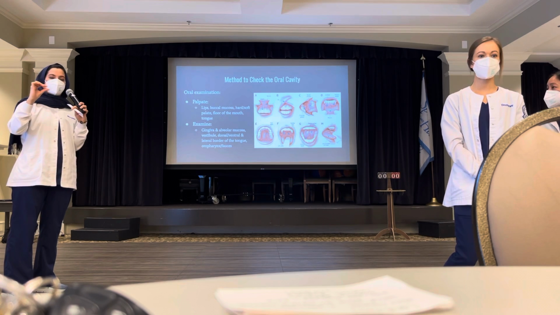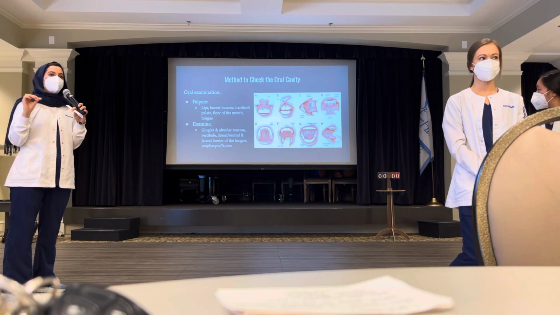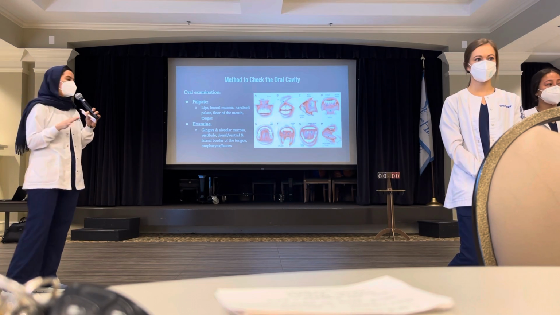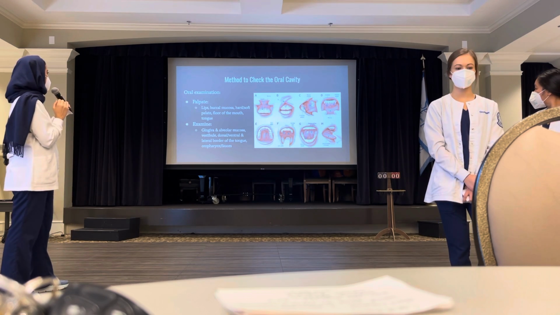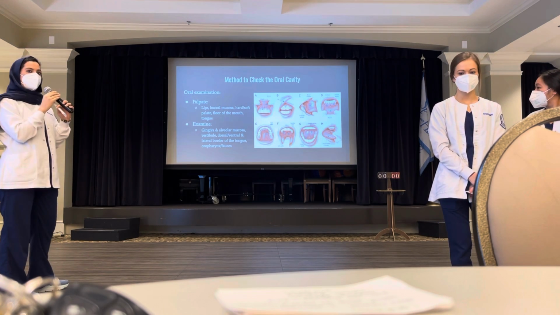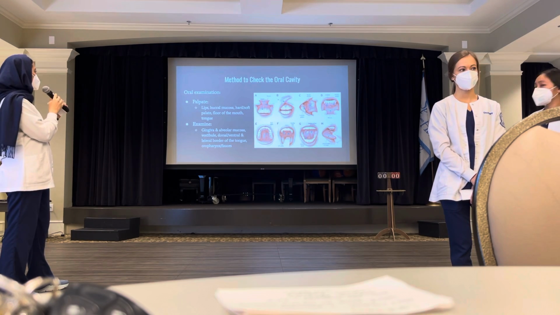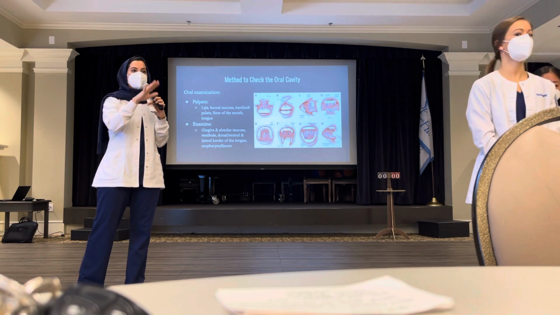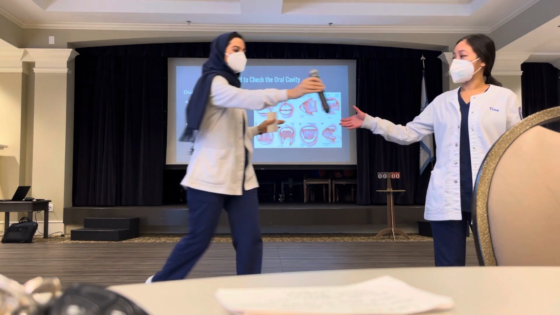We take the tongue in our fingers, of course we're wearing gloves, and then palpate it to see if there is any abnormality, if there is anything that we should be concerned of, and stop our treatment. And examine the gingiva and the alveolar mucosa, vestibules, dorsal, upper and lower surface of the tongue, lateral borders of the tongue, and also the oropharynx. So Emily is going over and she will explain how we do it in our clinic and what is the proper way.